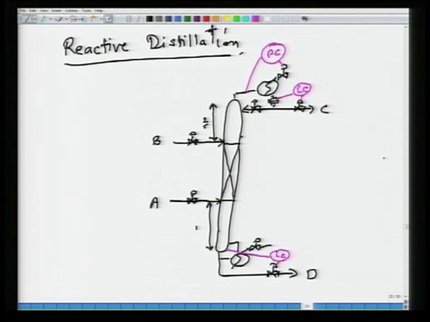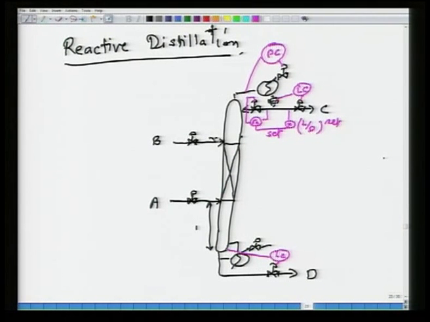So, I take the distillate, I multiply it by L by D set point. There is a flow controller here, and that flow controller takes its set point from here, from that multiplication. Okay.